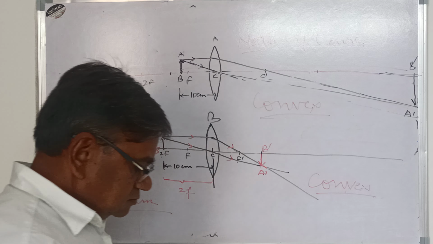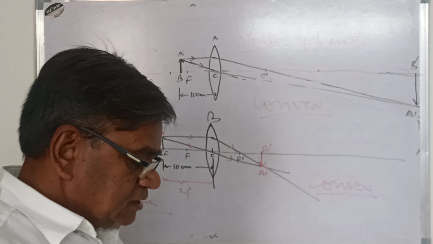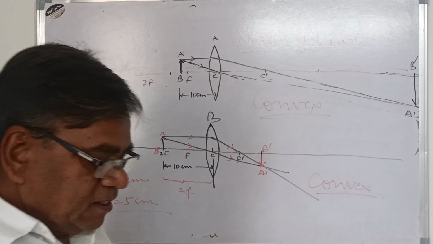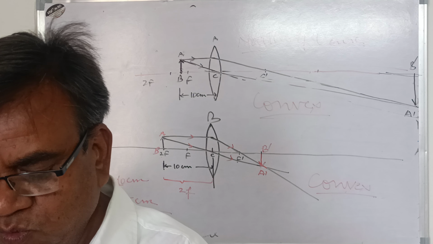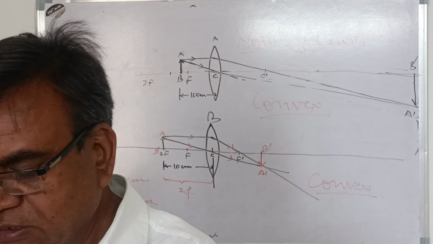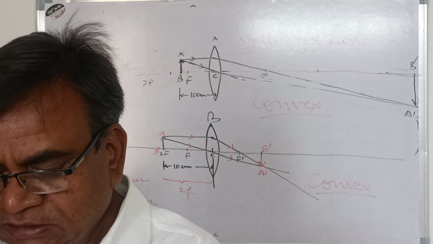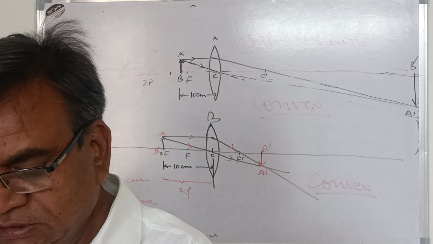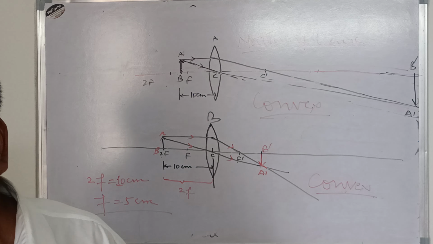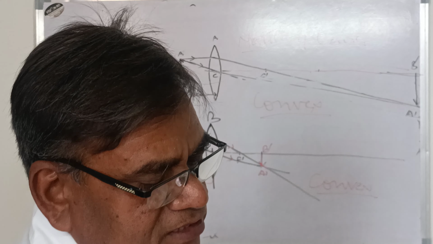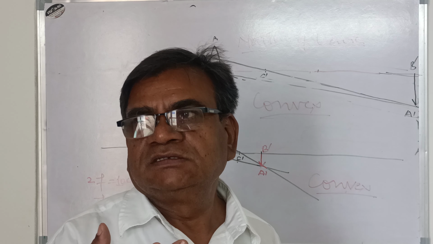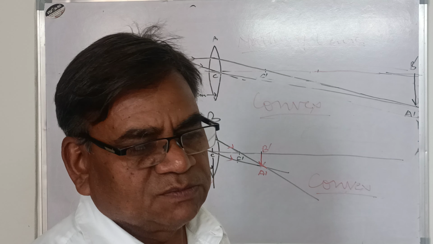Okay. Next question. When a fork is seen through lens A and B one by one, it appears as shown in the diagram. What is the nature of lens A, lens B? Give reason for your answer. एक fork है, any object. When it is seen by one lens, it seems smaller.